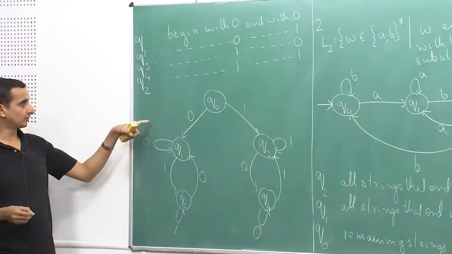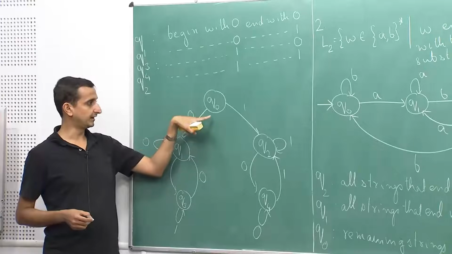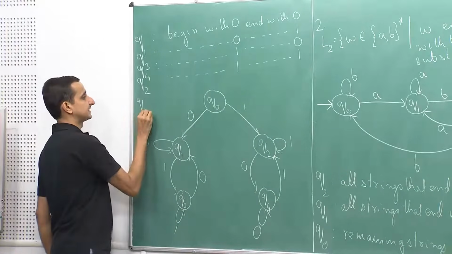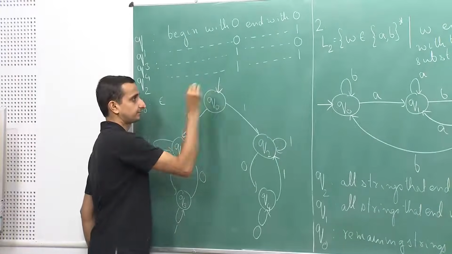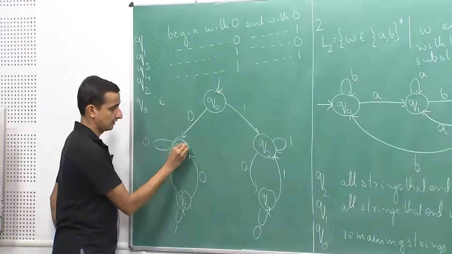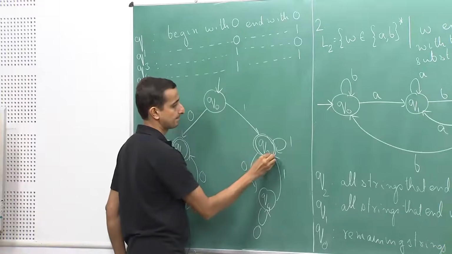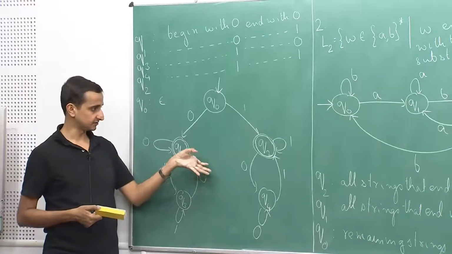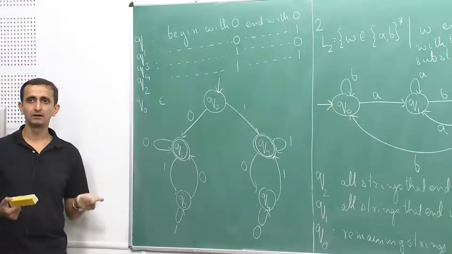Okay. And lastly, for the empty string, the string that we get without reading any symbol, that is the state Q0. So, Q0 in this case corresponds to only the empty string. This is our start state, and the accept states are going to be the states Q1 and Q2. Okay. So, this is an automaton where we have 2 accept states. In fact, this is the first example that we have seen where we have more than 1 accept state.